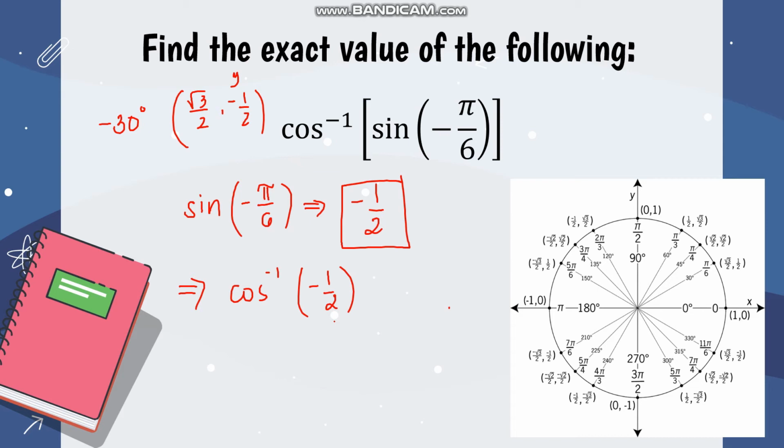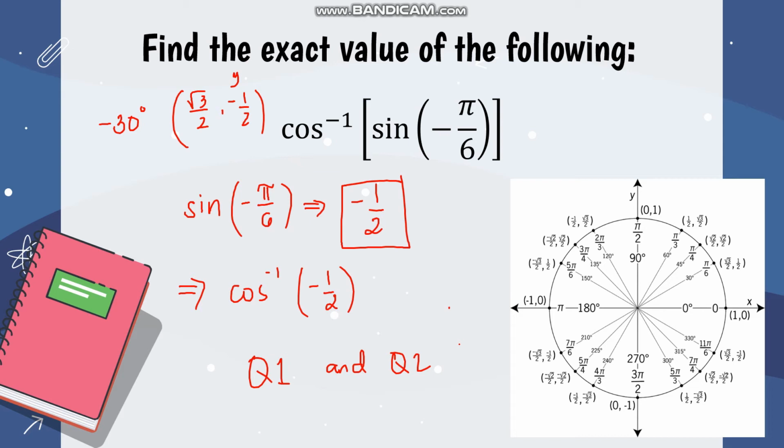To do this, we also have to recall where the angle is if the cosine is negative. Remember, inverse of cosine exists in quadrant 1 and also in quadrant 2. So you have to identify whether the angle is in quadrant 1 or in quadrant 2, depending on the given value.